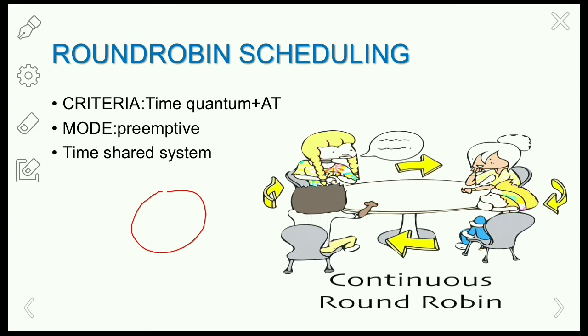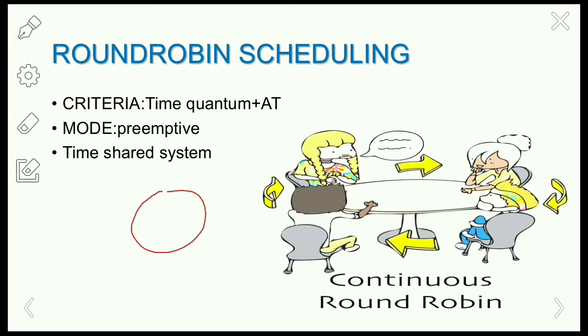One of two things will happen in this algorithm. If the process has a CPU burst of less than one time quantum, then the process will release the CPU voluntarily, that means the process has finished execution, and the scheduler will proceed to the next process in the ready queue.